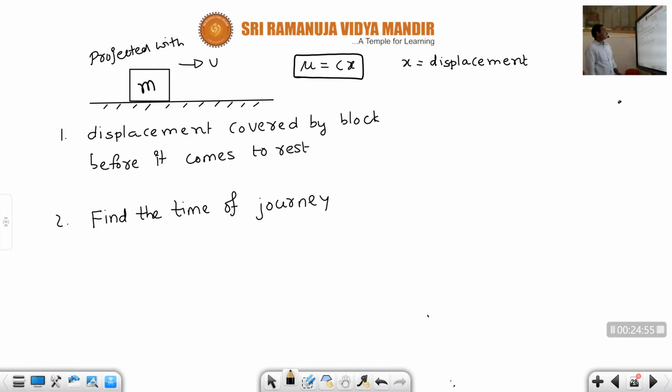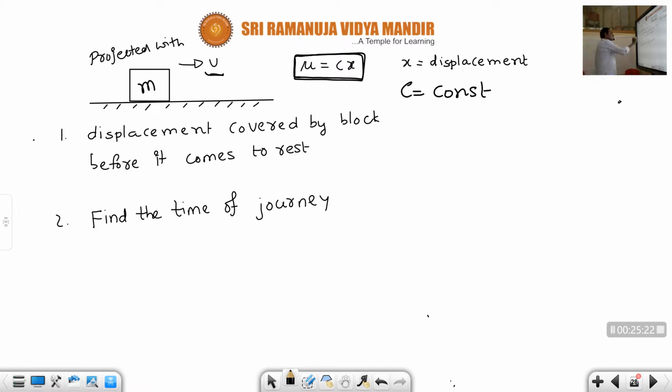A block of mass m is projected with velocity u along a horizontal rough surface. Then the coefficient of friction is mu equal to c into x, where c is a constant and x is the displacement.